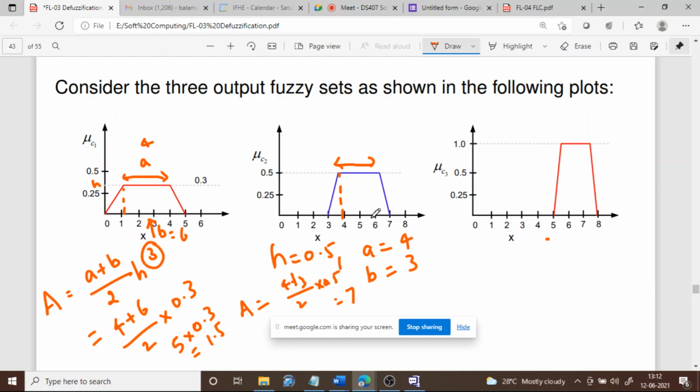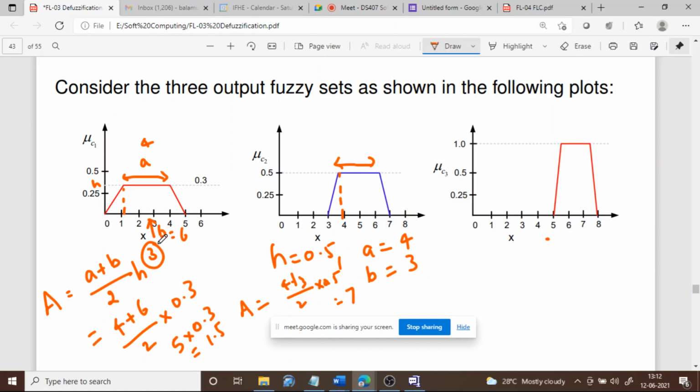Similarly, for this one, what is the midpoint? It is 3 to 7. So what is the midpoint? What will be the midpoint of this plot? Here it is 0 to 5, that is actually 1, 2, 3, 4, 5.